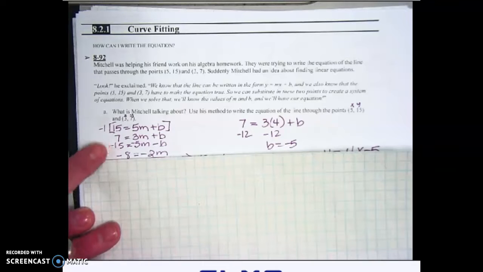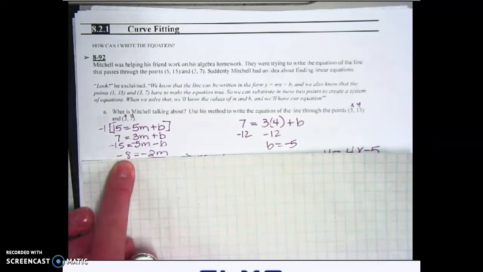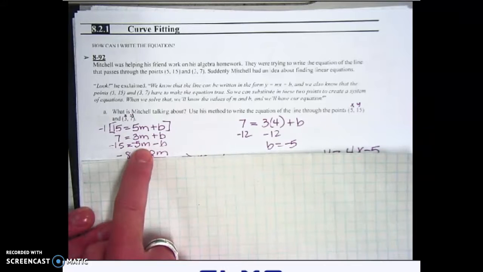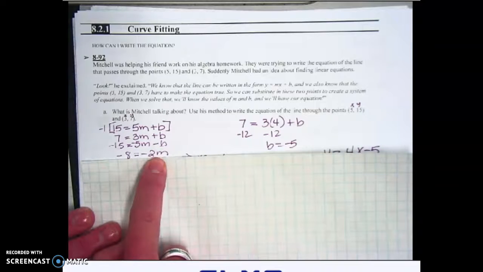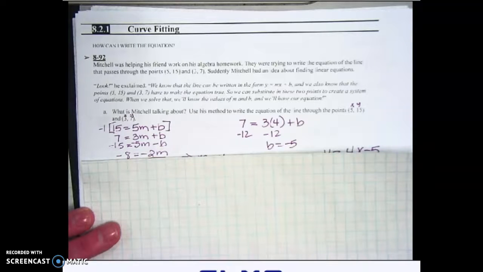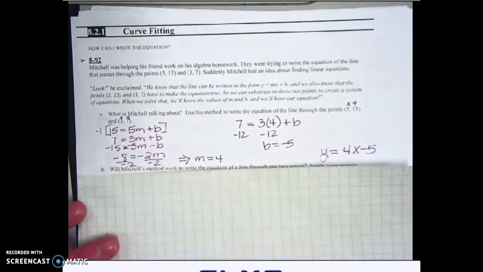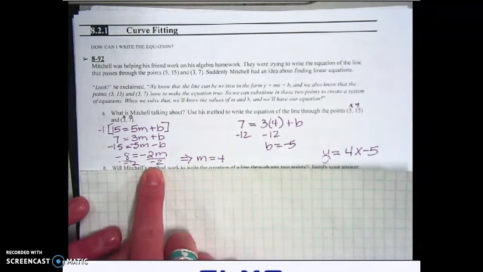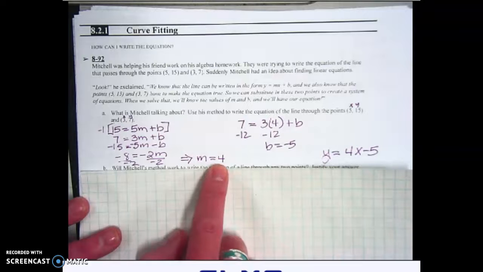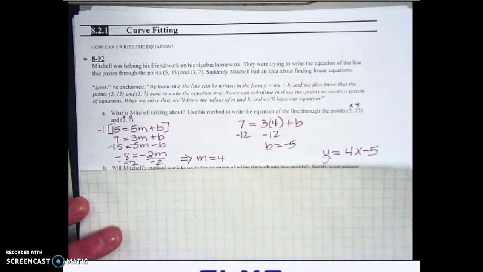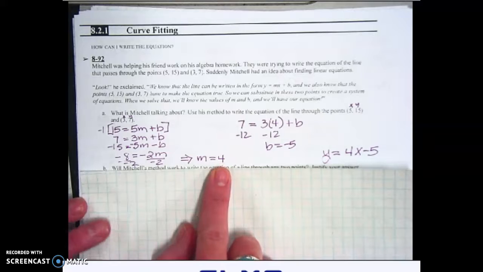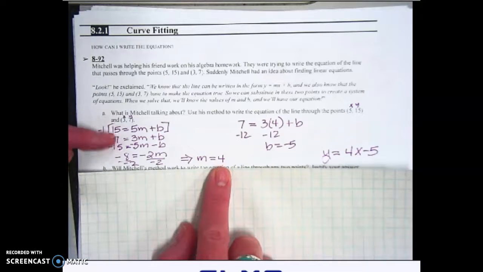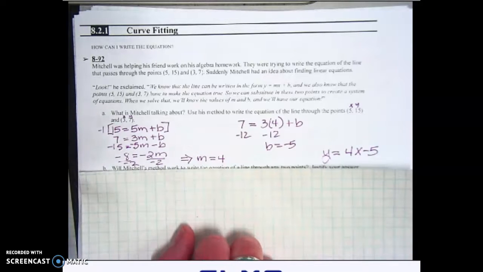So 7 minus 15 is going to get us to -8. 3m minus 5m is -2m. And then what's the inverse operation of multiplying by -2? So we're going to divide both sides by -2. And we get m equals 4. So we've solved for our first variable. Now we take that value, that 4, and we can plug it into either of these 2 original equations.